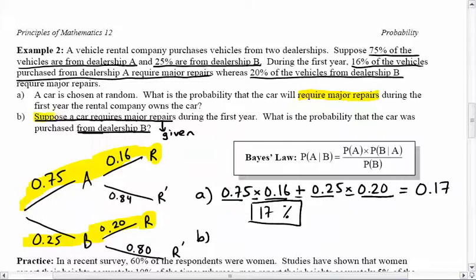So you're given that you're only allowed to look at the yellow part of the tree. You're only allowed to consider all the possibilities where you need repairs. You want to know, what's the chance that it came from B? So the car that needs repairs that comes from B is this branch here.